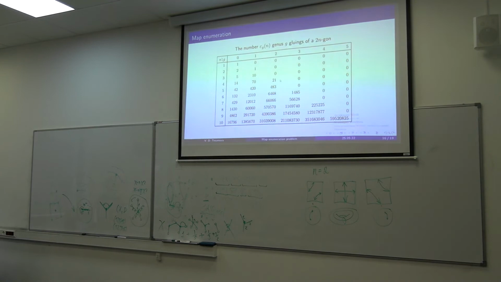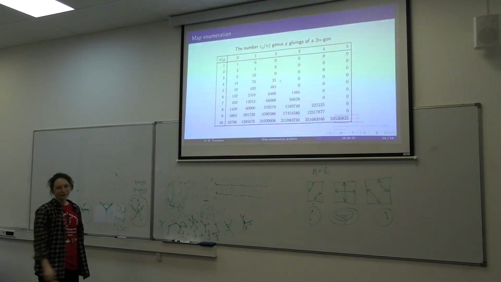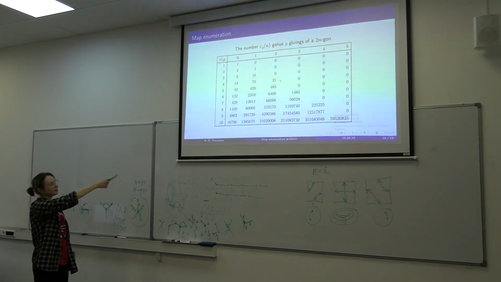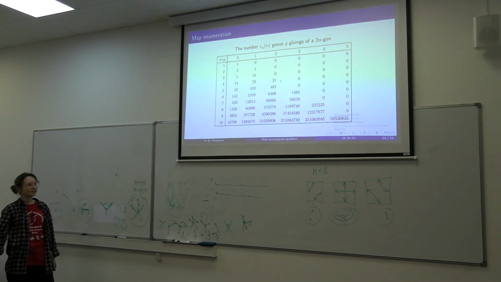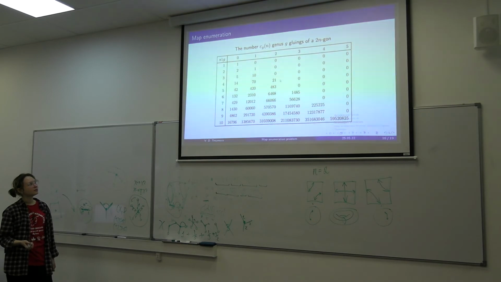So I want to show you the table for these quantities. You see that the first column, you can see that this is exactly the Catalan numbers. Catalan numbers, I mentioned them. They enumerate the rooted trees.